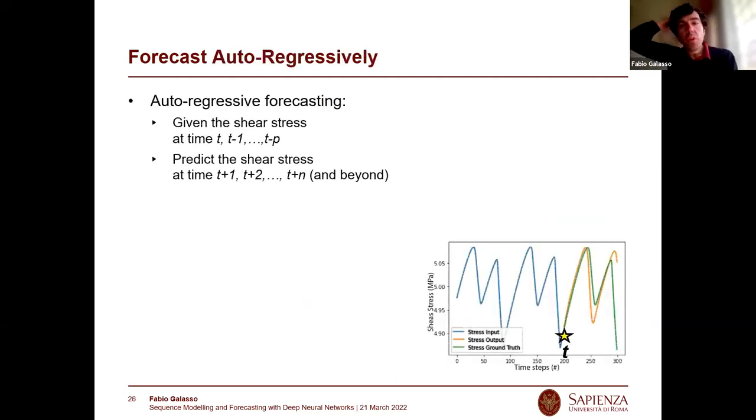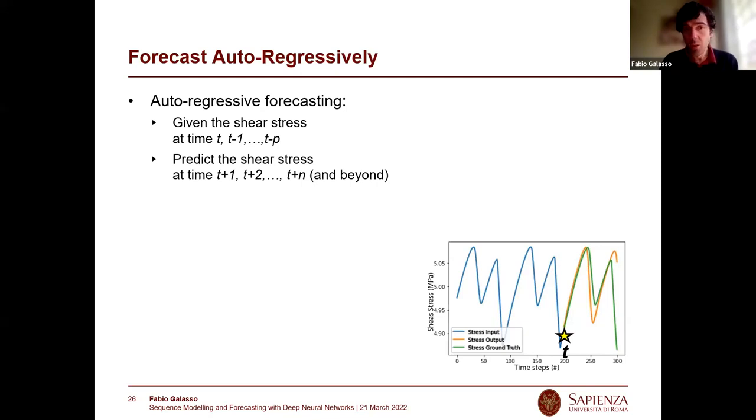So let me be a little bit more formal on what we mean with autoregressive forecasting. Well, this is basically the definition of forecasting. You observe from time t minus p, where p stands for past, right, up until time t.